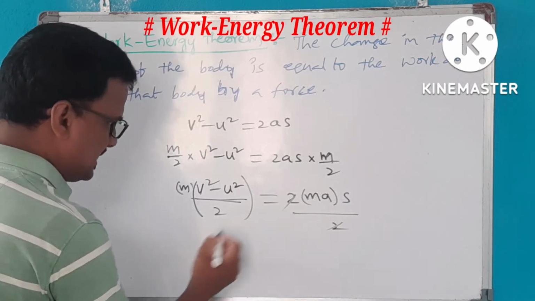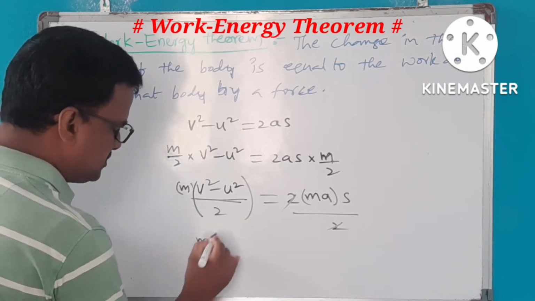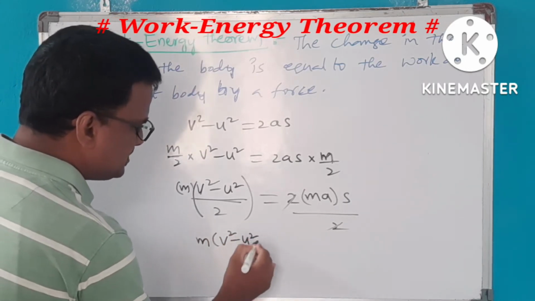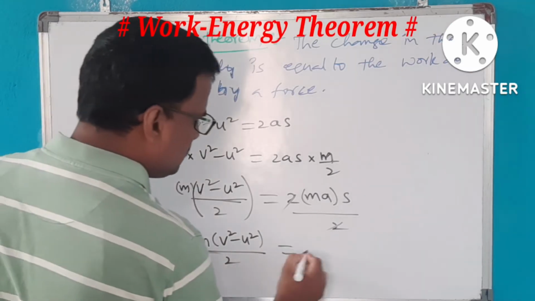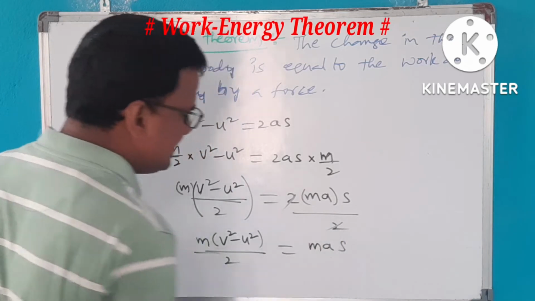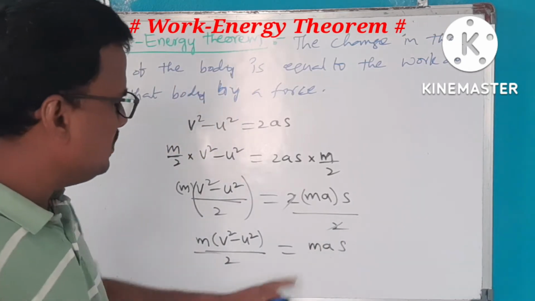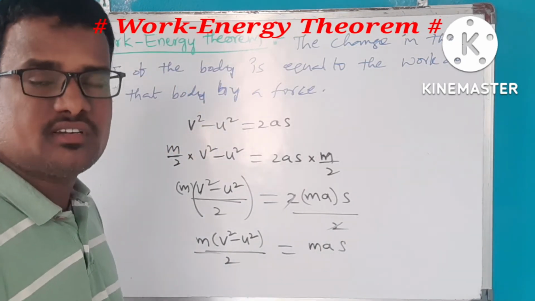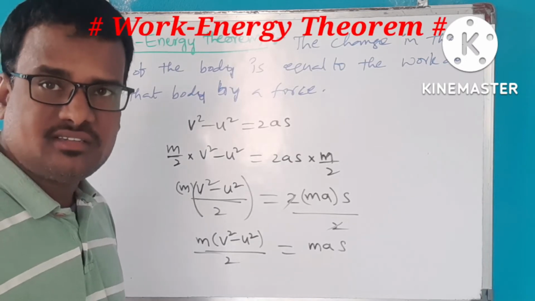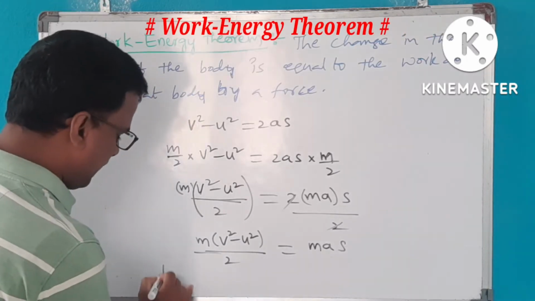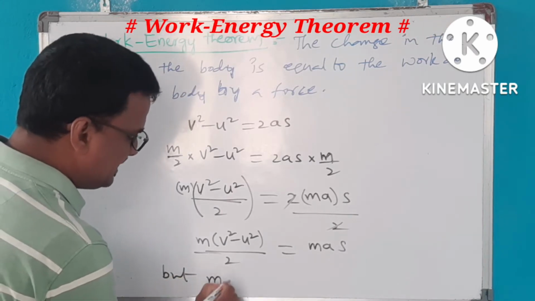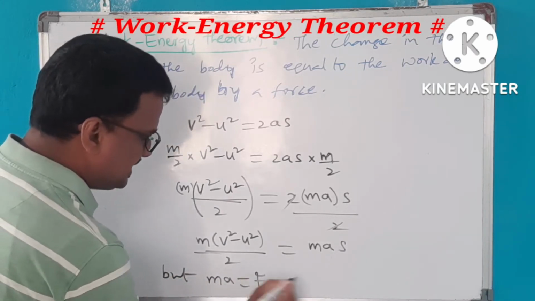So m into (v square minus u square) by 2 is equal to mas. According to Newton's second law, ma is equal to F. So ma is equal to F.